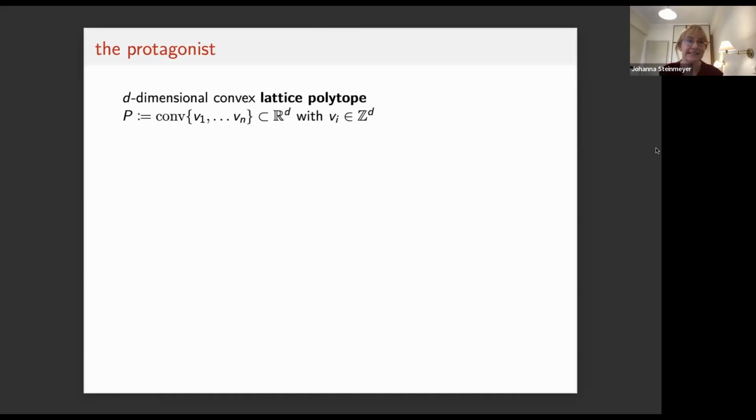Our protagonist for the day is going to be a lattice polytope. By that, I really just mean the convex hull of a finite set of integer coordinate points in the lattice.